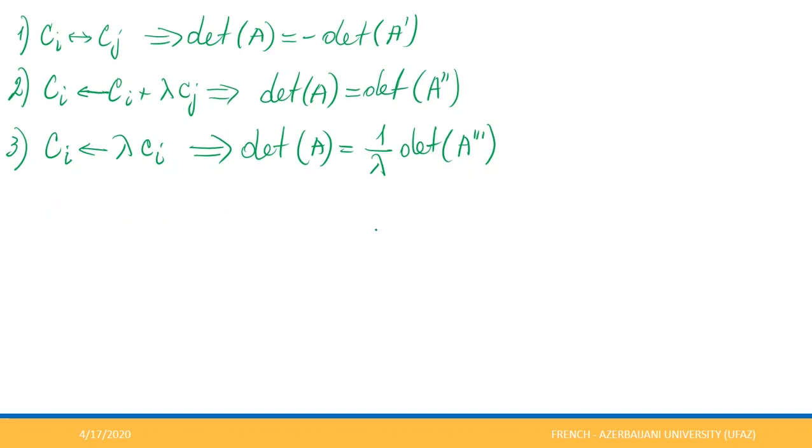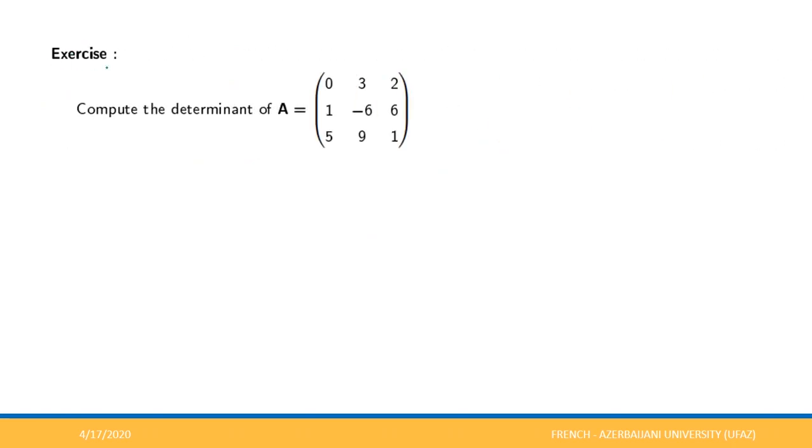Okay, let's look at an example. Exercise. Compute the determinant of A. Here, in order to calculate the determinant of A, I will use column elementary operations. Determinant A is the determinant of 0, 3, 2, 1, minus 6, 6, 5, 9, 1.